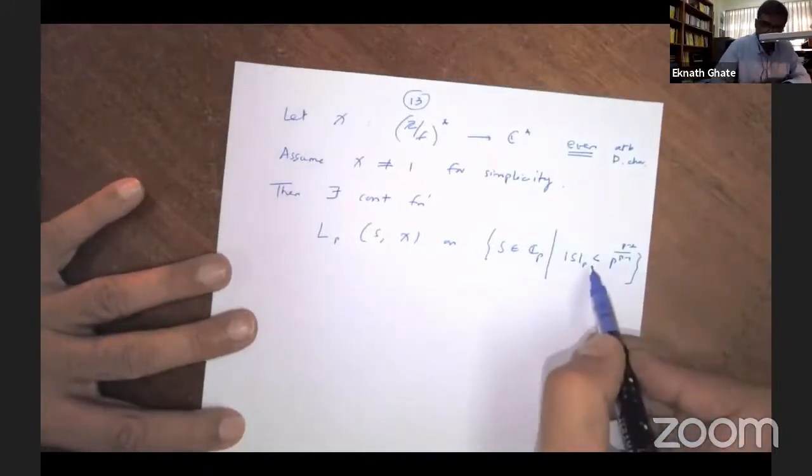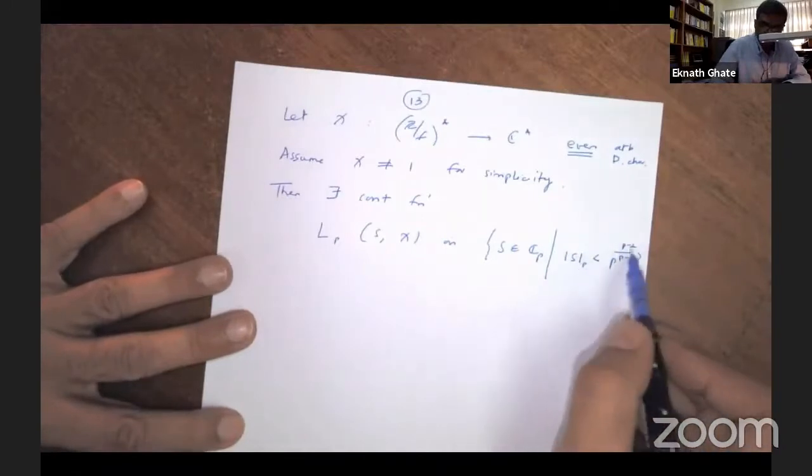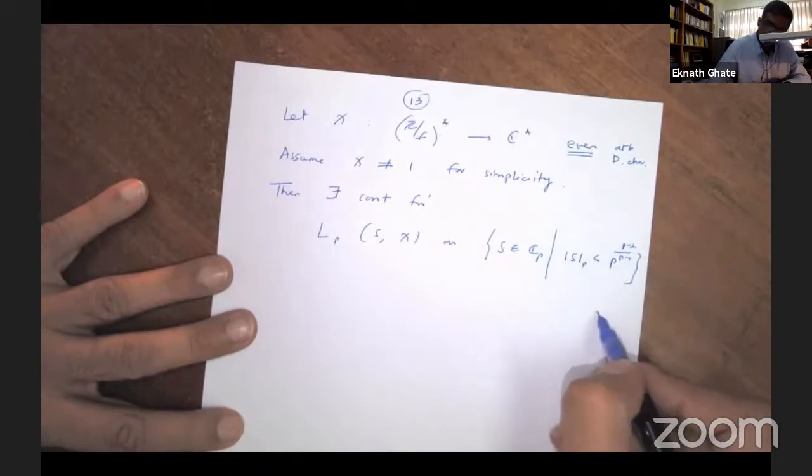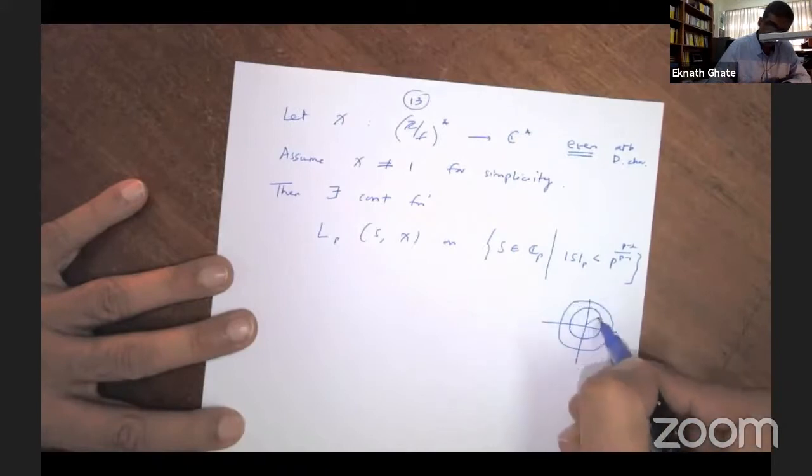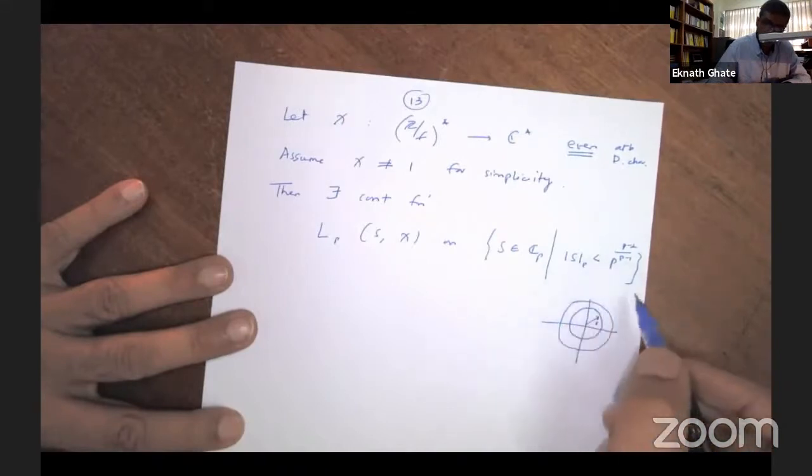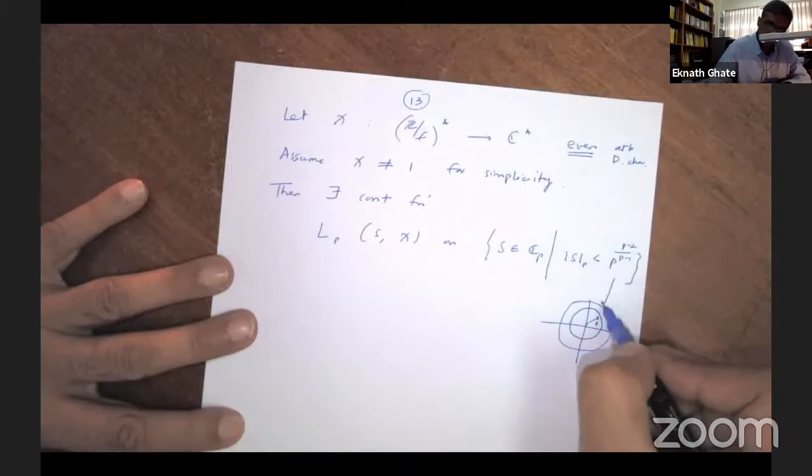I could have just put here norm of s less than or equal to 1, but if you like to be precise, this is a little bigger than the usual unit disk, radius 1. So norm of s less than or equal to 1 is the unit disk, and this radius is a little bit bigger.